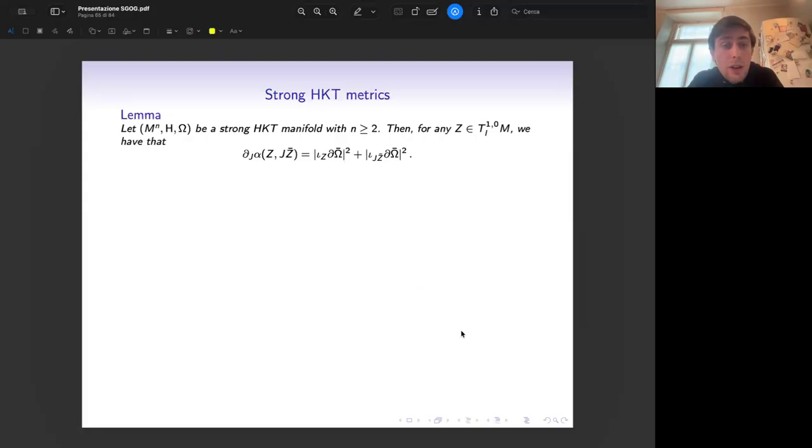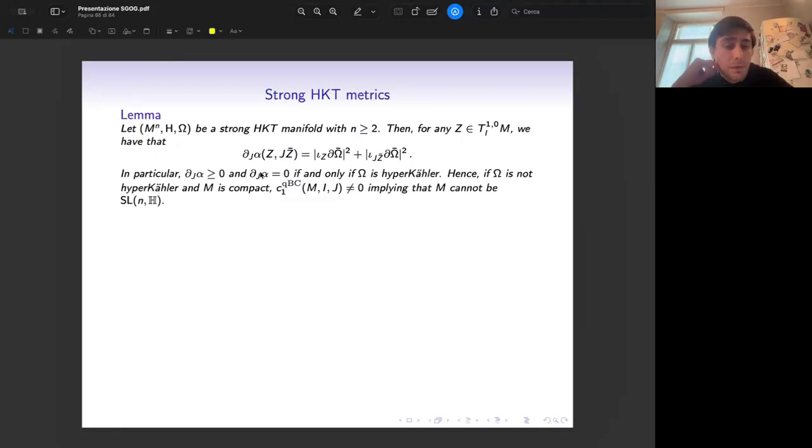It's quite easy to prove, but it's really important for us. So we fix a strong HKT metric in dimension at least 2, and then we can actually give an explicit expression of the ∂J of alpha. And out of this, we can say something more. In particular, of course, this (2,0)-form will be positive semi-definite, and it will be 0 if and only if the metric is hyperkähler.